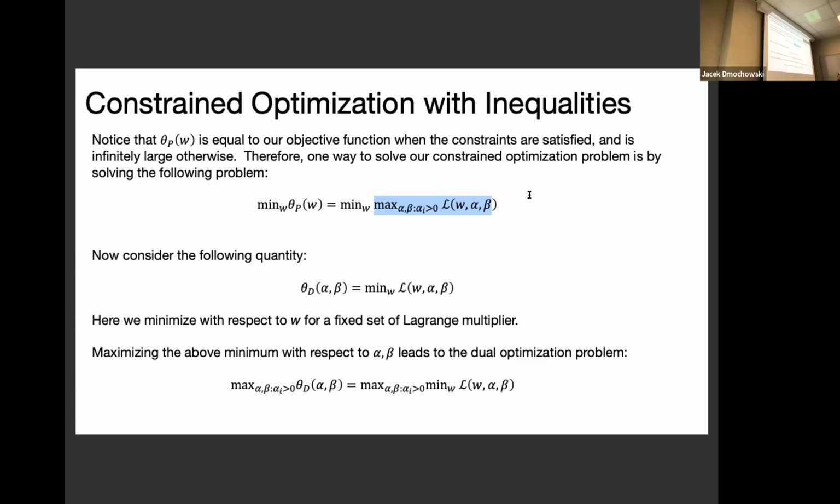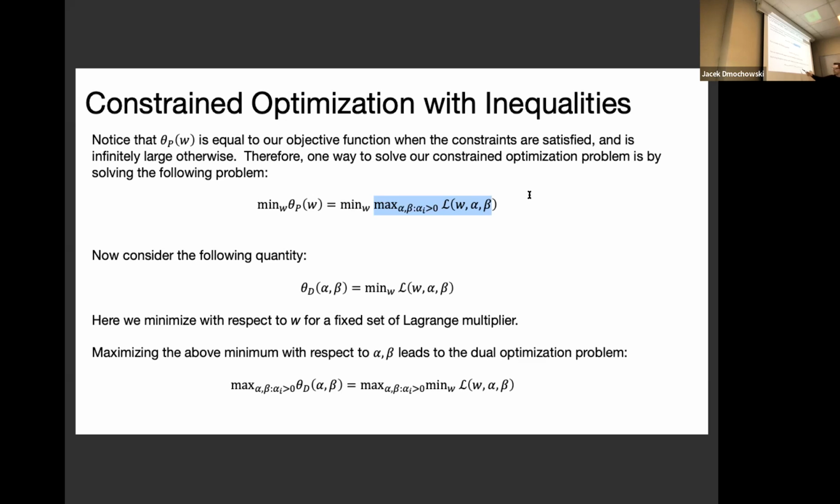I won't do it justice, but I think I'll get the point across: instead of doing min of a max, you can do max of a min. The reason this is an easier problem to solve, and what you can show, is that under certain conditions, the max of the min equals the min of the max.